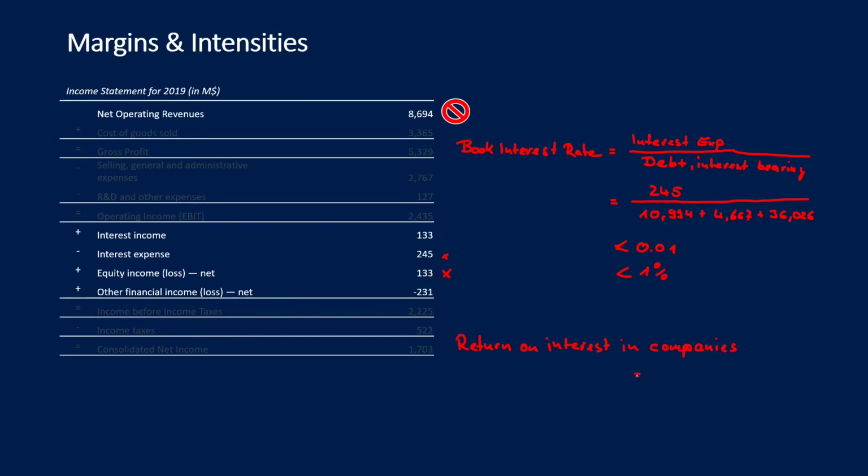And let us define that as equity income divided by everything that we have paid for, everything that we had to spend to buy the interest in the company. What was that?